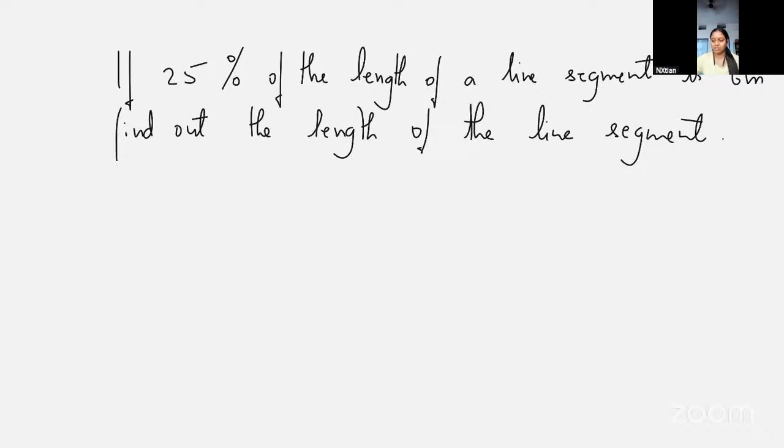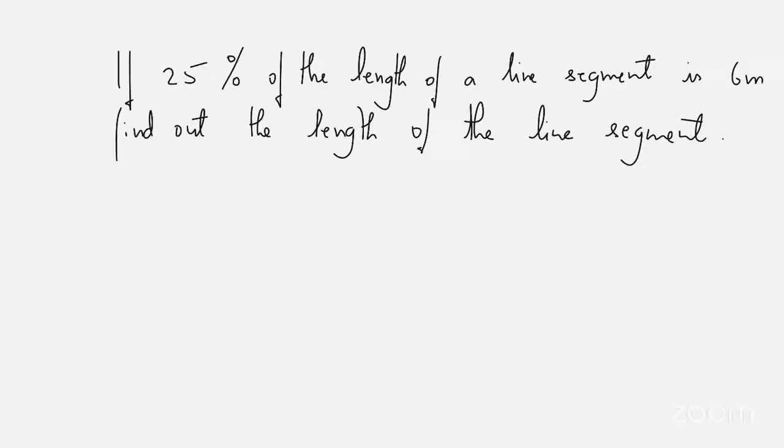Now how to write this? Just see the method. You can say if 25 percent is the length of the line segment, then the total length we can take as 100, the base.